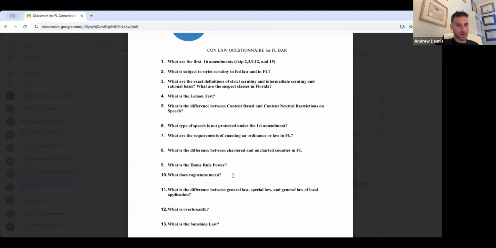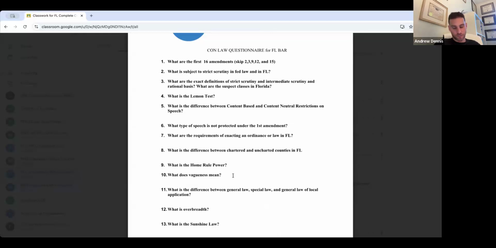All these fundamental rights, like freedom of speech and different types of words that are protected and words that are not protected, freedom of religion, free establishment and free exercise. These are all fundamental rights guaranteed by the First Amendment.